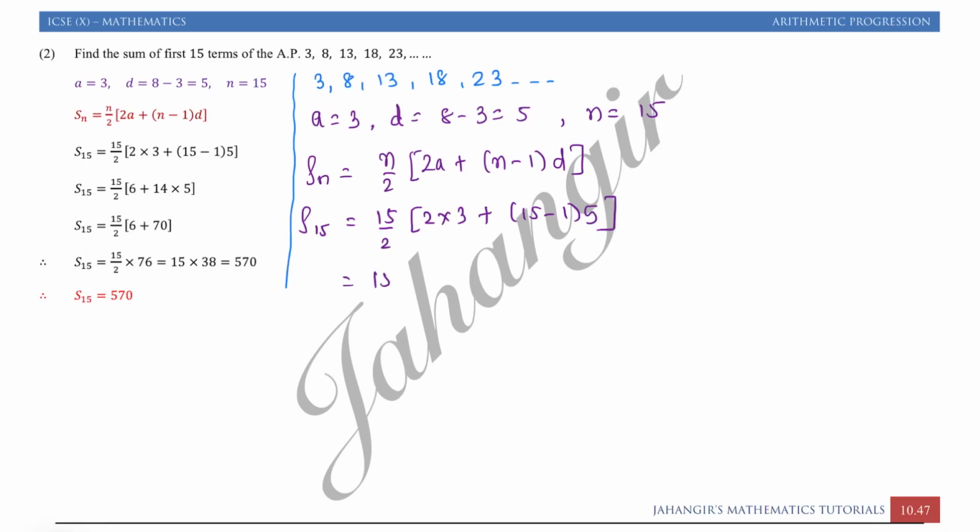So we can write 15 by 2, (3 twos are 6) plus 14 into 5. So 15 by 2 keep as it is, don't write it as 7.5. 14 fives are 70, 70 plus 6. I will write some steps: 15 by 2 into 76.